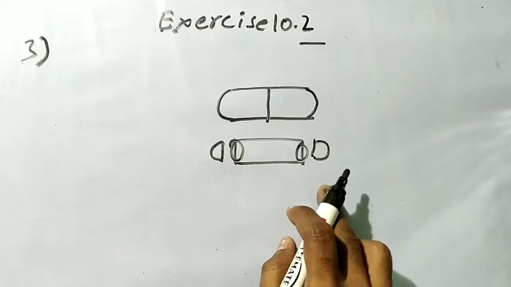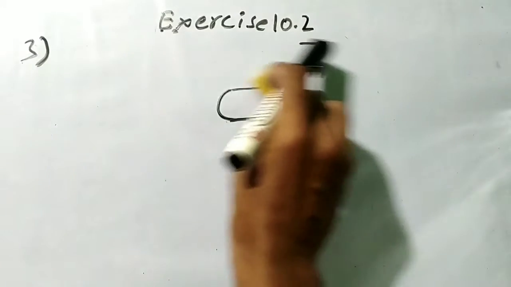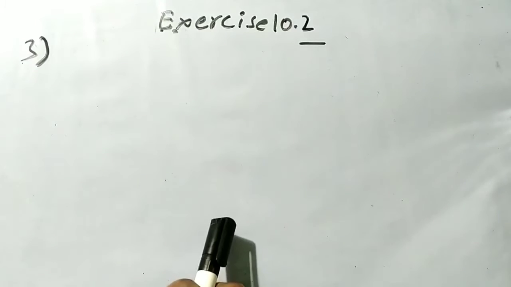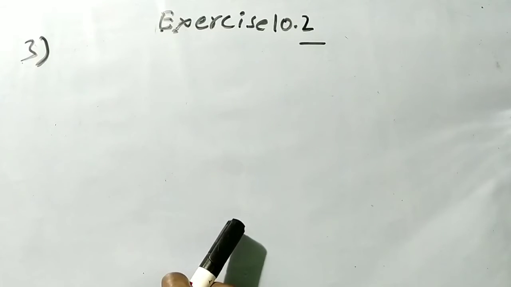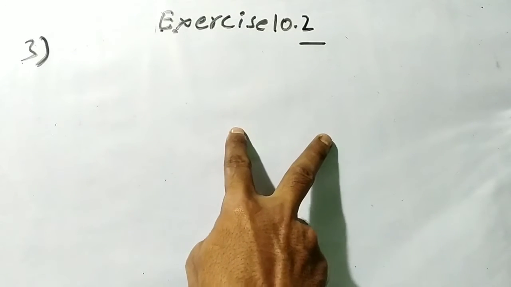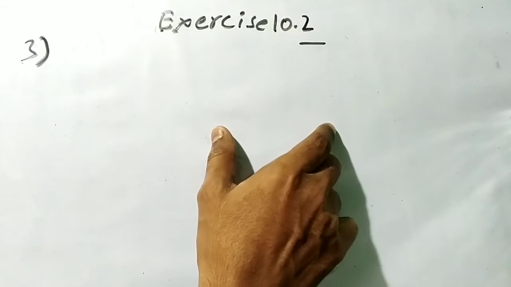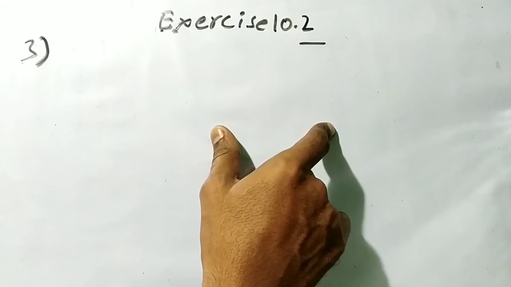Let's go to the third question here. A medicine capsule is in the shape of a cylinder with 2 hemispheres stuck to each of its ends, because the 2 hemispheres are stuck at the ends of the cylinder. The length of the capsule is 14 mm.